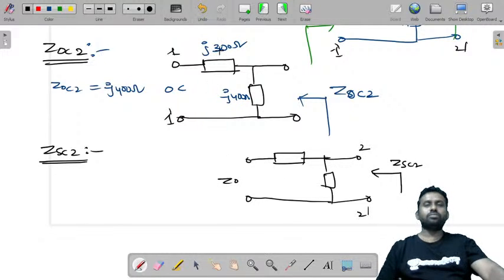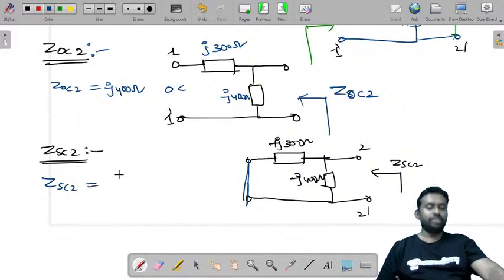This is plus J300, and this is minus J400 ohms. For ZSC you need to short circuit this, and when you do, these two become parallel. So ZSC2 is equal to J300 into minus J400 by minus J100.